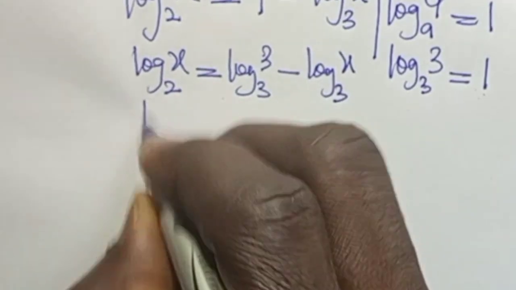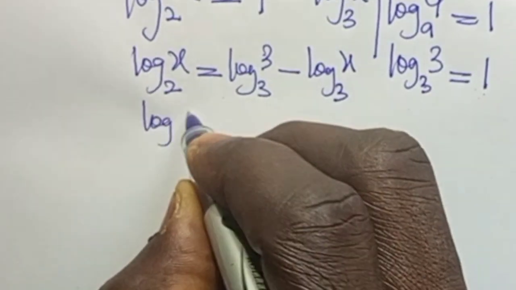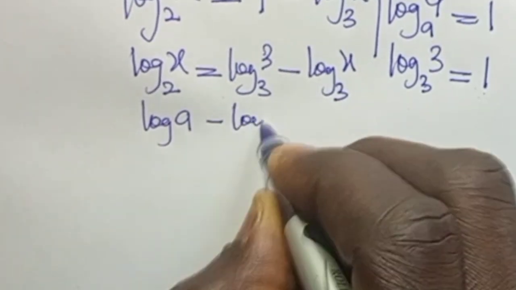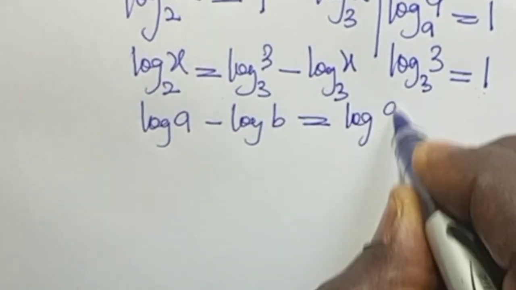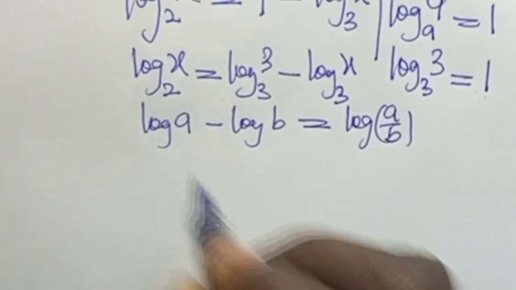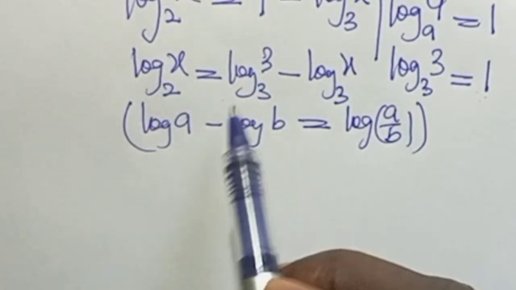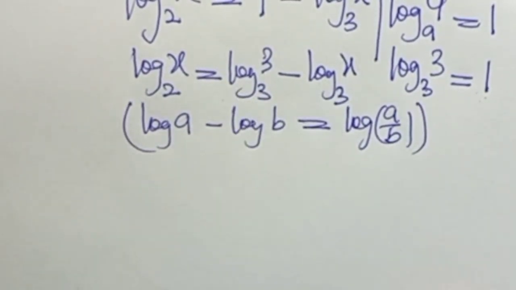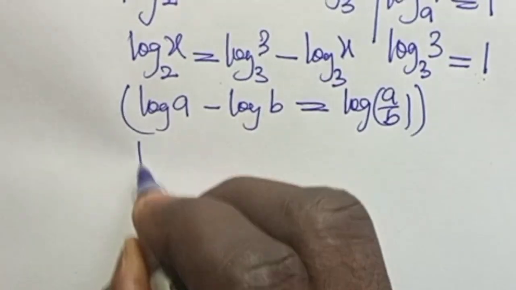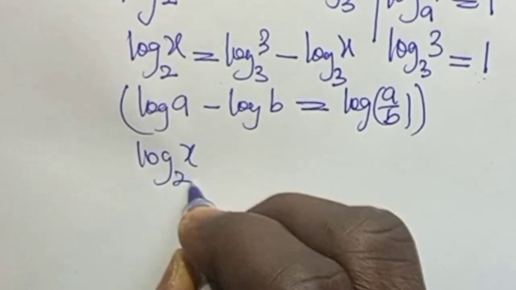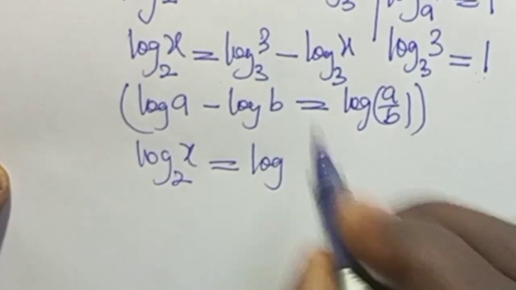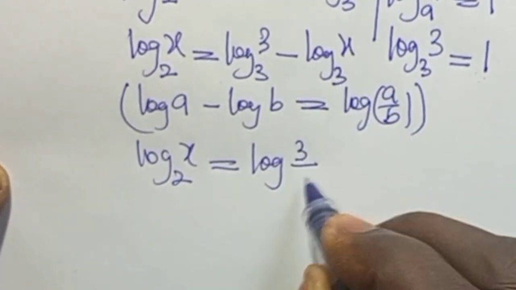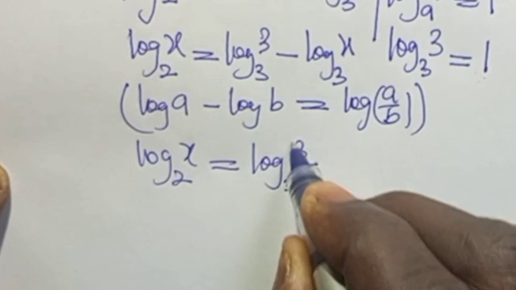And also, log a minus log b is given to be log a over b. So we apply it here. The equation therefore becomes log x to base 2 equal to log 3 over x to base 3.